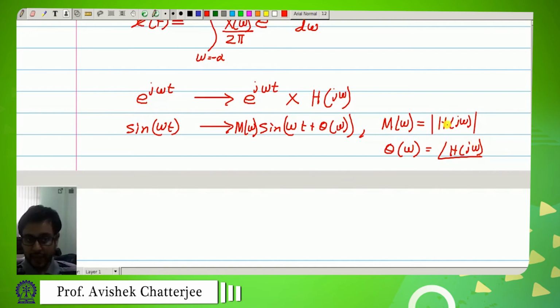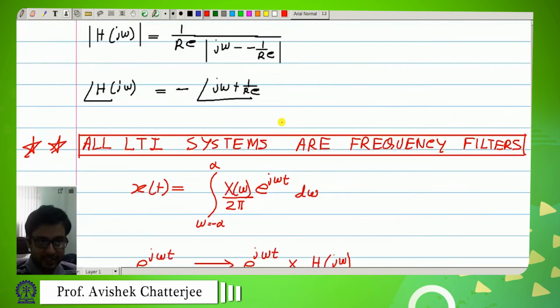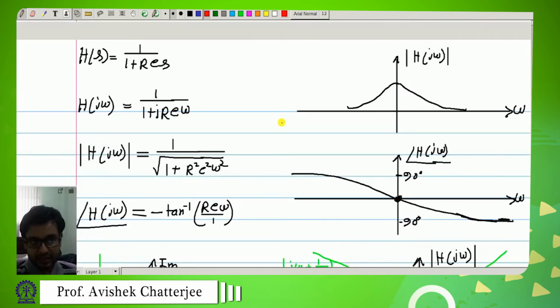So if this magnitude is large, if you give periodic sine or cosine input, you will get large output. If this magnitude is small, for some value of omega, you will get small output. So it seems like the system acts like a filter. Some input frequencies will give you large output.